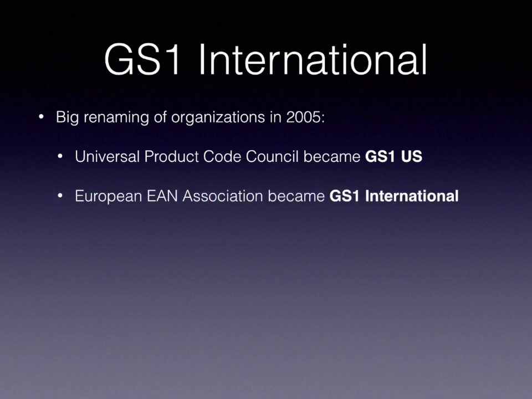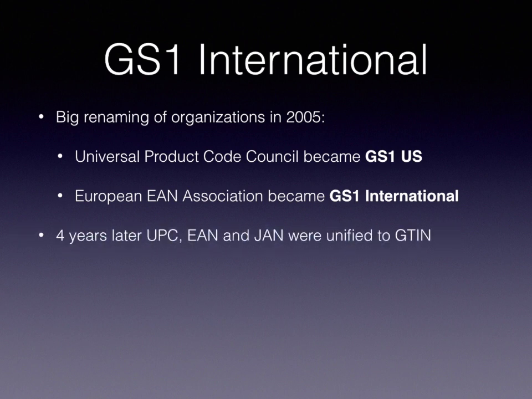The European Association became GS1 International, also in 2005, and so that's the structure that it has nowadays. GS1 International, based in European Union, basically overseeing the entire world, and then you have national offices.